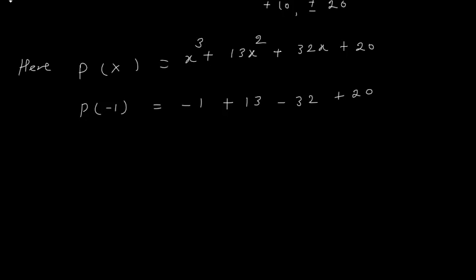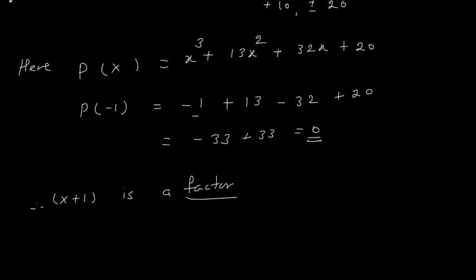Here minus 1 and minus 32, so it is minus 33, and 13 plus 20 is plus 33. So minus 33 plus 33 is 0, p of minus 1 is 0. So therefore x plus 1 is a factor.